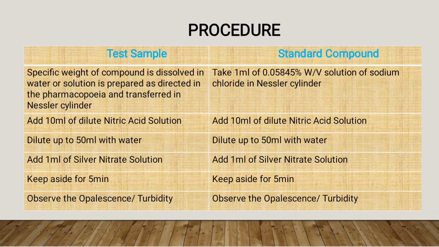Then the second step: in the test sample add 10 ml of dilute nitric acid solution. The same procedure is performed in the standard: add 10 ml of dilute nitric acid solution.